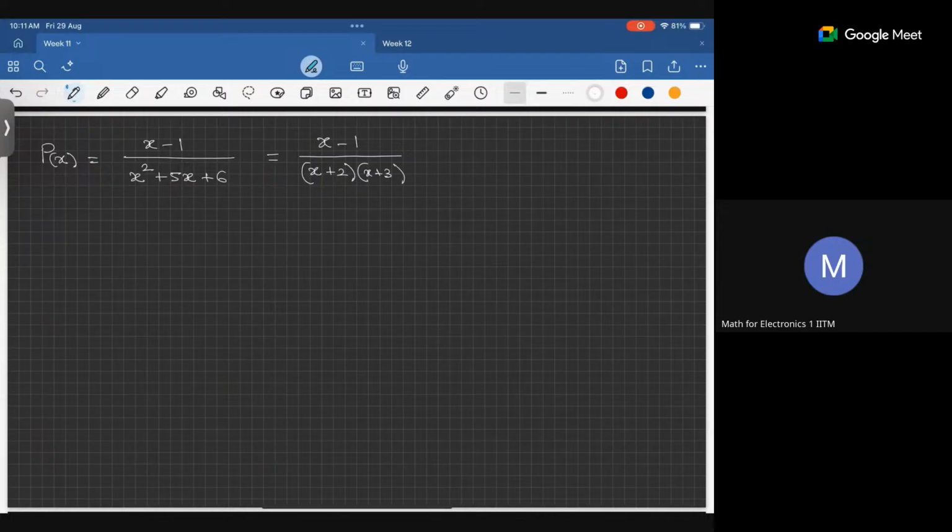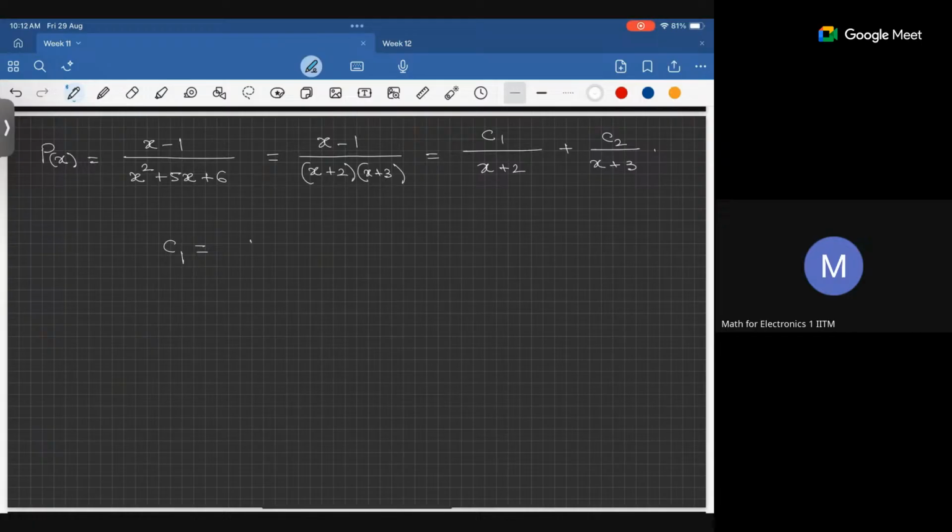So once we have this expression, we said this can be written as c1 by x plus 2 plus c2 by x plus 3, since 2 and 3 are distinct. For getting c1, how do I get c1?